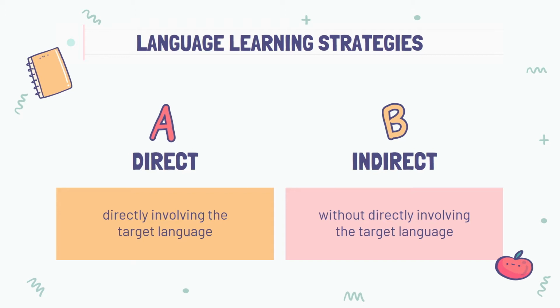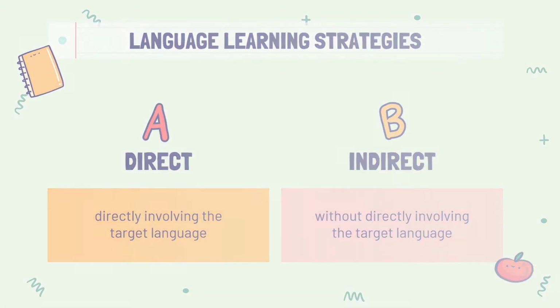According to Rebecca L. Oxford 2007, the strategies are divided into 2 major classes, direct and indirect. We can simply say that direct strategies mean directly involving the target language, while indirect strategies mean without directly involving the target language.